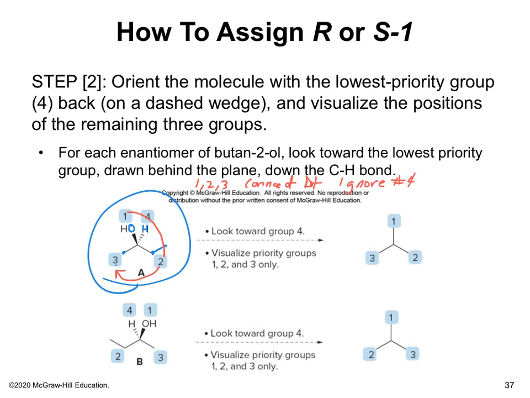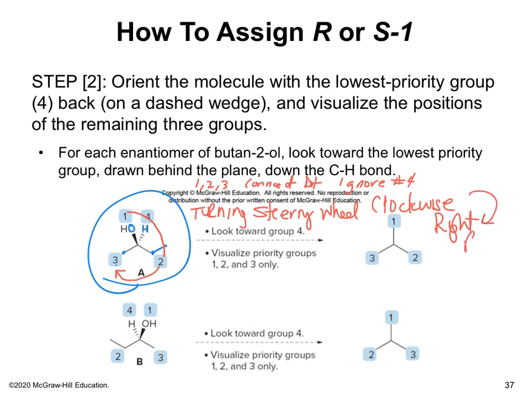Okay, now am I turning the steering wheel? I'm driving my car now. Which way am I turning it? Am I turning it clockwise, which is also right? Am I turning the steering wheel to the right? I am, okay? So that's R.